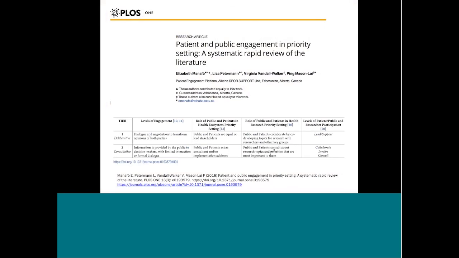They distinguished between two tiers of engagement, which were deliberate and consultative. In the deliberate tier, patient and public partners had greater involvement in decision-making, while in the consultative tier, they acted more as consultants and/or implementation specialists.